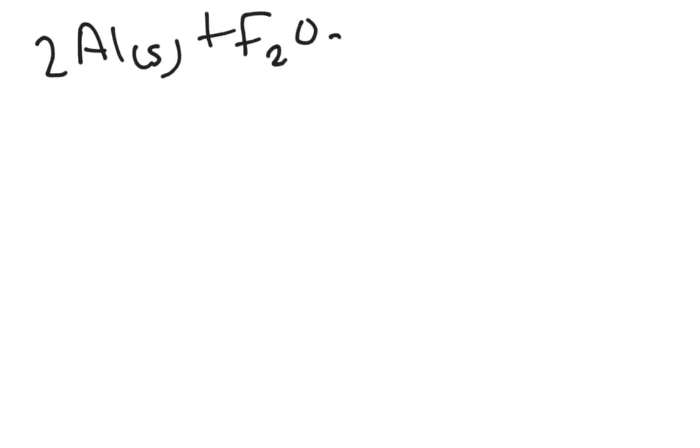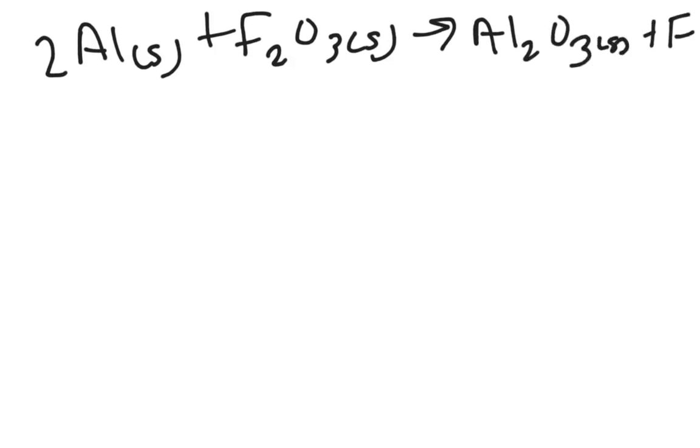This reaction occurs when a mixture of powdered aluminum and iron(III) oxide is ignited with a magnesium fuse. So we write down our equation: 2 aluminum plus iron oxide going to aluminum oxide plus iron.